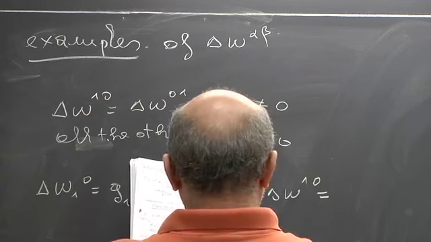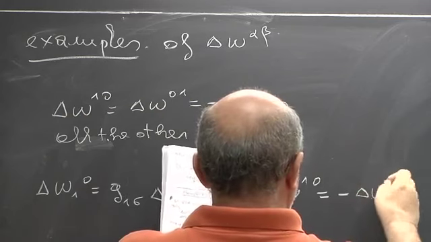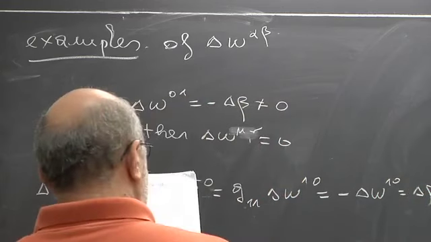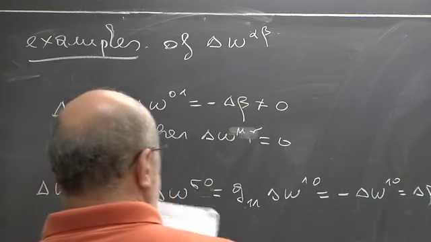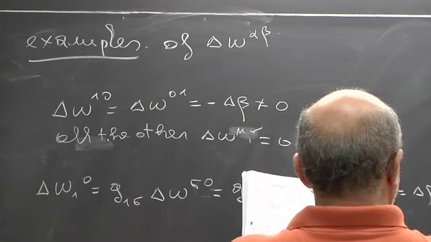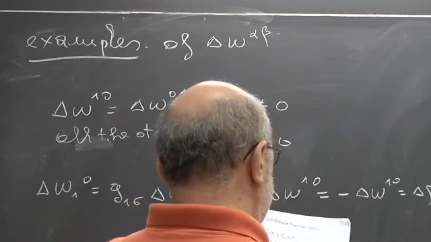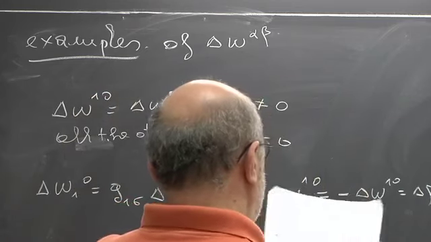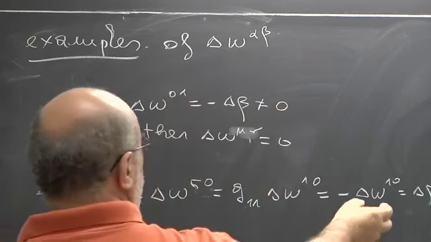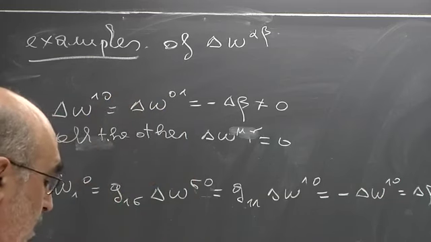The G11 we know was minus 1, so this is minus delta omega 1, 0, and this is delta beta. Okay? This is also equal to delta omega 0, 1, because if you exchange the two indexes, you just change sign because this was antisymmetric. We still have to prove that it was antisymmetric. We will prove.